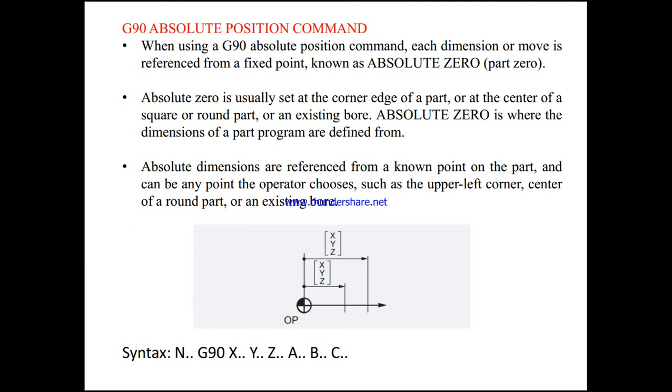Absolute dimensions are referenced from a known point on the part and can be any point the operator chooses, such as the upper left corner, the center of the round part, or an existing board. Any of the points can be chosen, depending upon the programmer. That is the absolute positioning command.